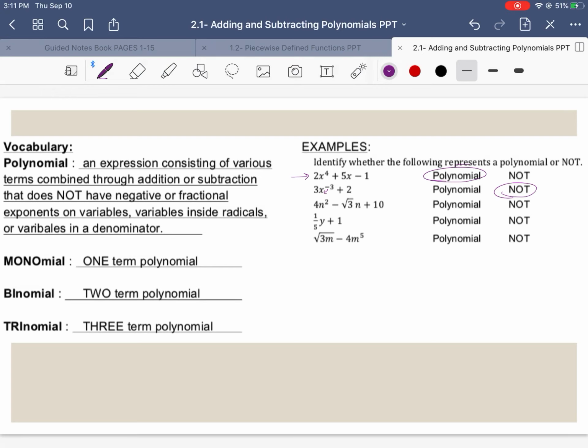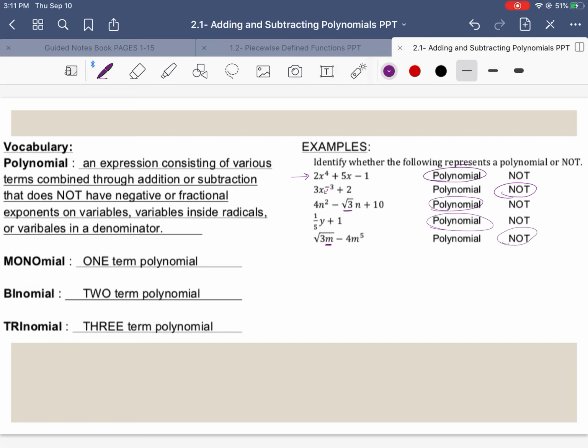Looking at the next one, notice we do have a radical in here, but it's in front of the variable, and it can be the coefficient, meaning in front of the variable. So this guy is a polynomial. The next one, again, has a fraction value there, but the variable is not down in the denominator, so it's still a polynomial. And then this last one is not a polynomial because that variable is underneath that radical.